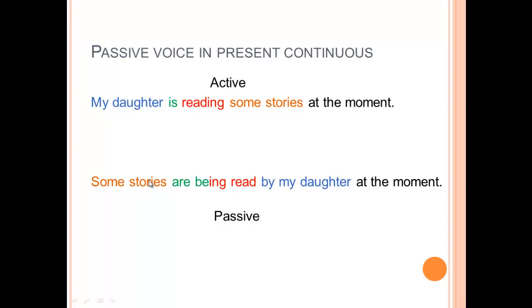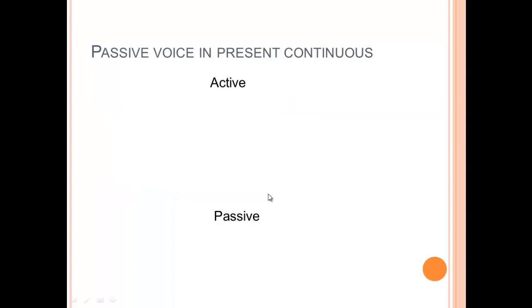Some stories are, of course the ing goes with being, and finally the action, which is read, which is the verb 3 from the irregular verb read. By my daughter, if I want to mention the subject, and at the moment. My daughter is reading some stories at the moment would be like some stories are being read by my daughter at the moment.